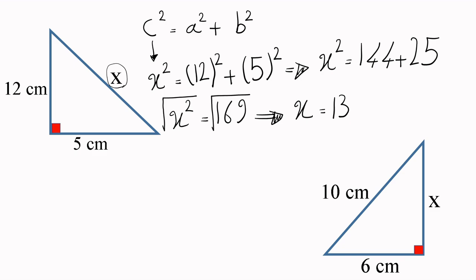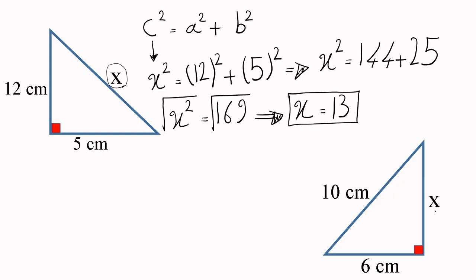Yes, it's totally correct when you are solving an equation. But here I'm talking about the length, and as you definitely know, lengths cannot take negative values because it does not make any sense. It does not have any meaning. So when I'm talking about the length, the only acceptable values are positives, right? So x is equal to 13, not negative 13.